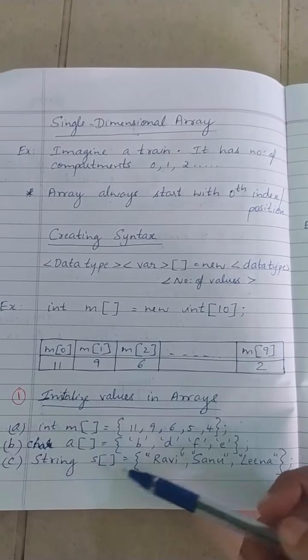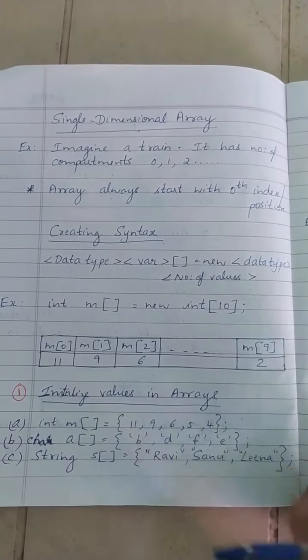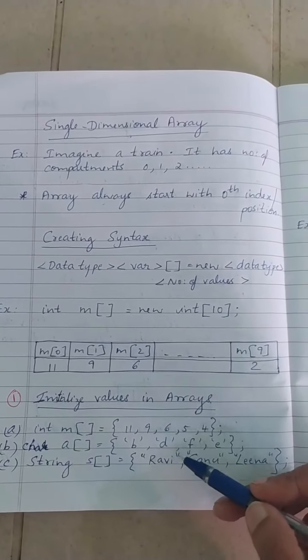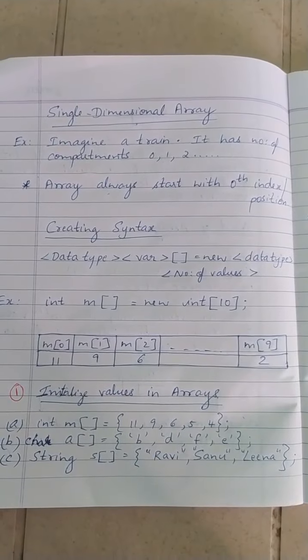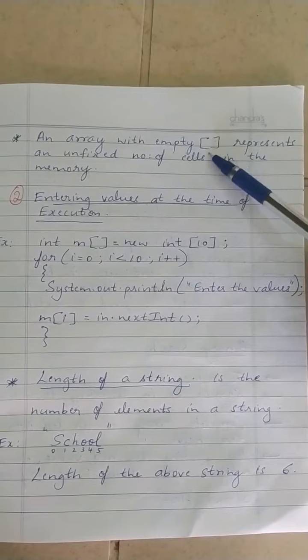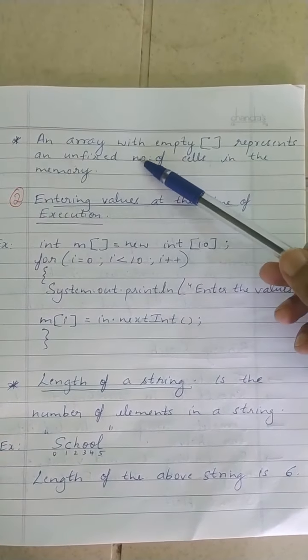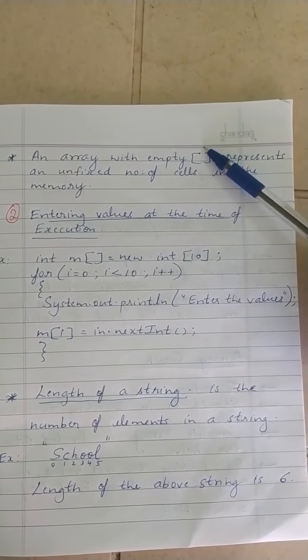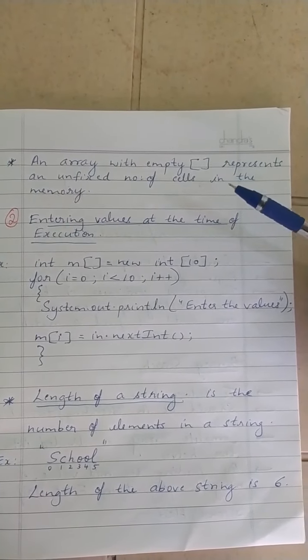If it is a character you can enclose it within single quotes. And if it is a string you can enclose it in double quotes. So remember, an array with empty square brackets represents an unfixed number of cells in the memory. It is not fixed, it can vary. We can give any values.